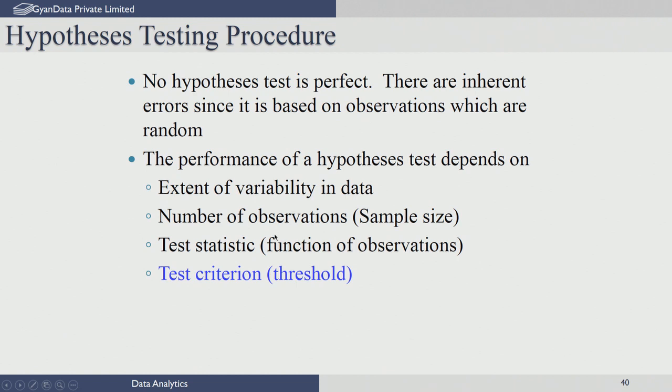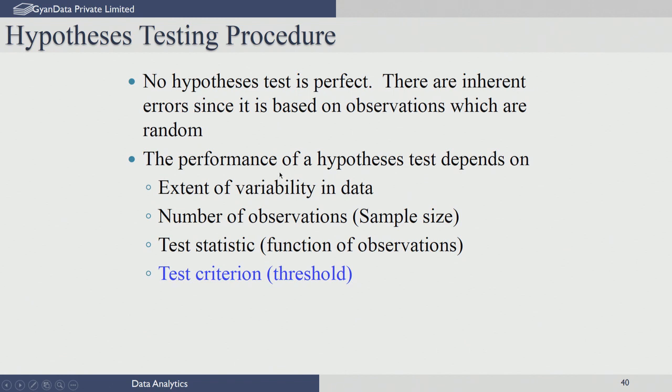Now, you have to understand that the hypothesis testing procedure is an imperfect decision making process. Why? Because you are basing the test on a sample set of observations, not on the entire population. So, there are inherent errors in hypothesis testing because it is based on observations which are themselves stochastic in nature.